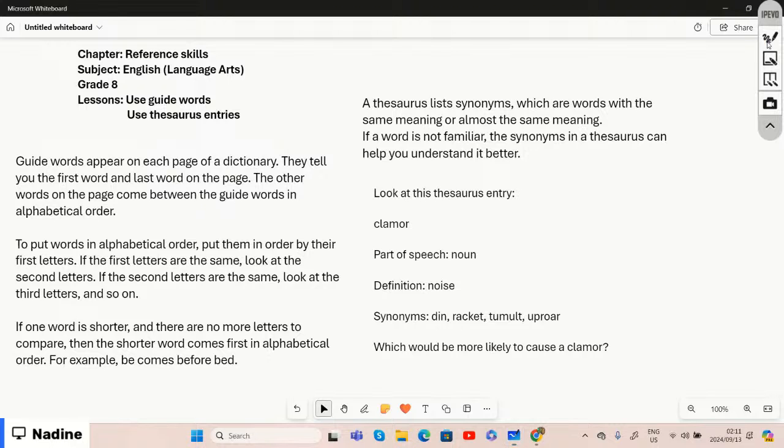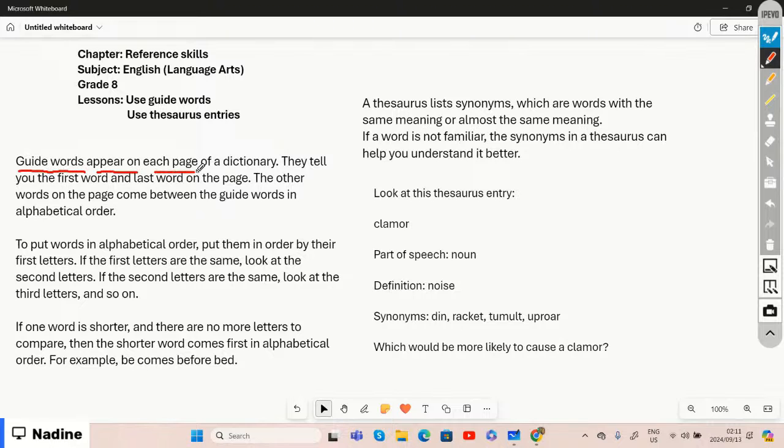All right. So when it comes to guide words, we say guide words are words that appear on each page of a dictionary. Like I mentioned, if you open a dictionary, right on top, the very first word that you see, it's almost like the page is divided into two.